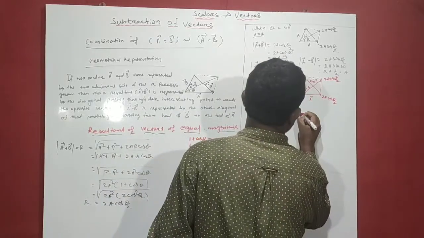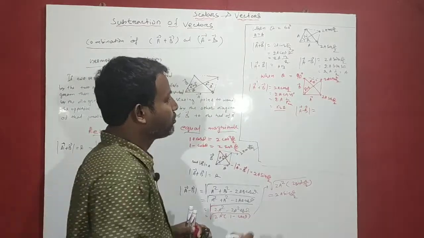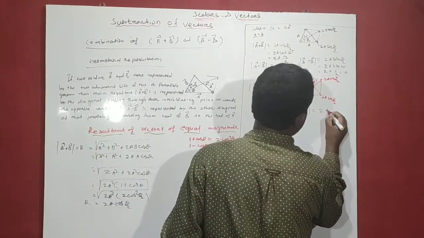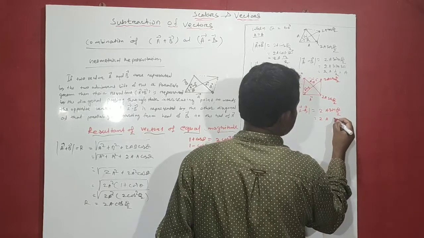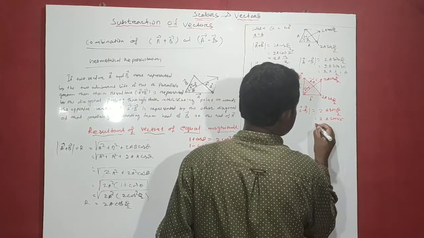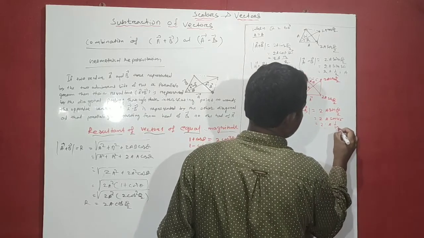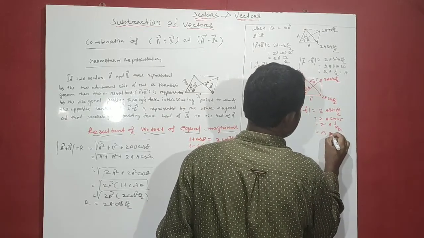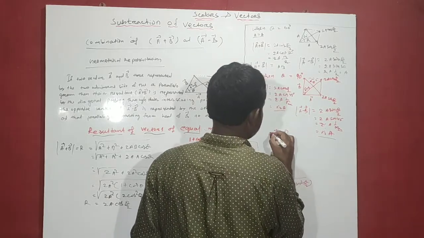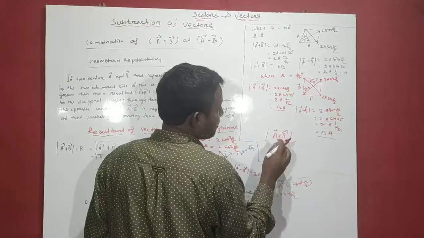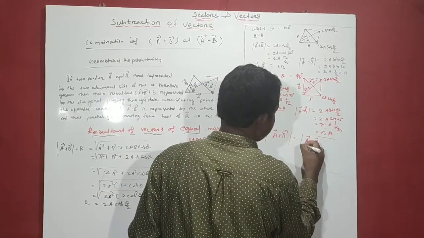Next, A difference B is equal to 2A sin theta by 2, which is 2A sin 45, so 2A times 1 by root 2, giving root 2A. Here, the magnitude of A plus B is equal to the magnitude of A difference B.